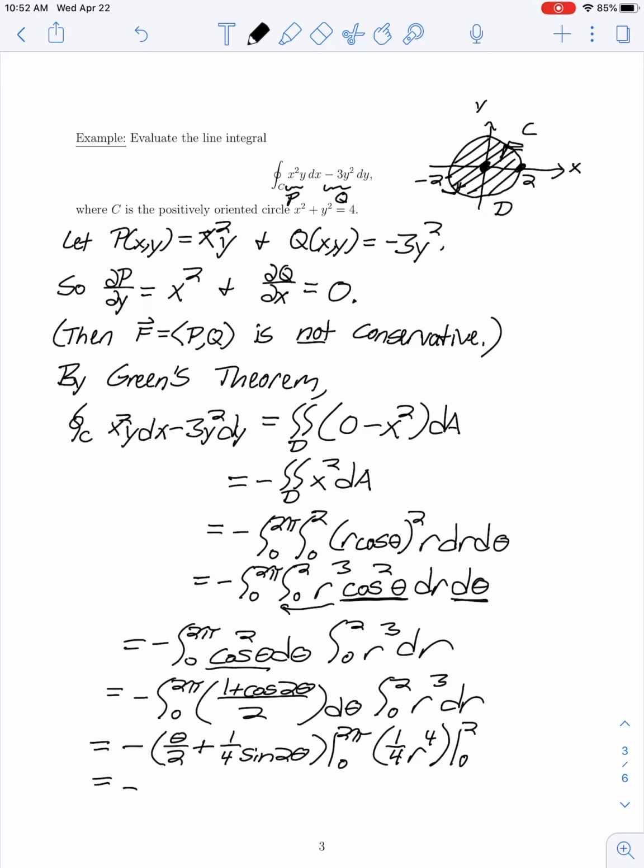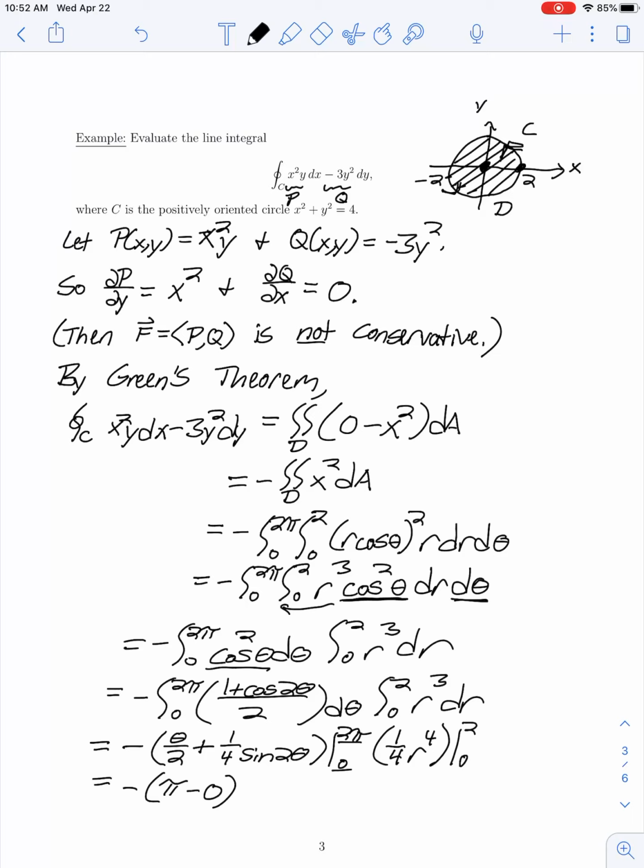So evaluating the first antiderivative at theta equals 2 pi, we have the negative of 2 pi over 2, which is pi, plus sine of 4 pi, which is 0. And then we subtract what we get when we plug in 0 for theta, which would be 0 plus sine of 0, or 0.